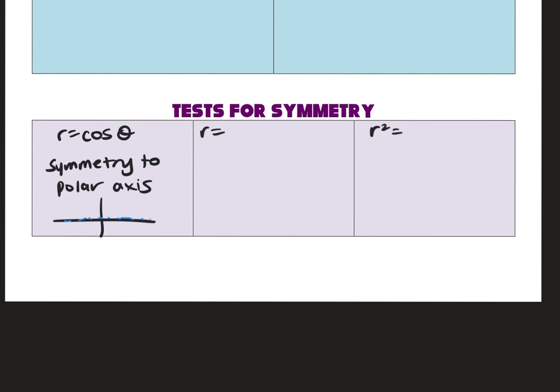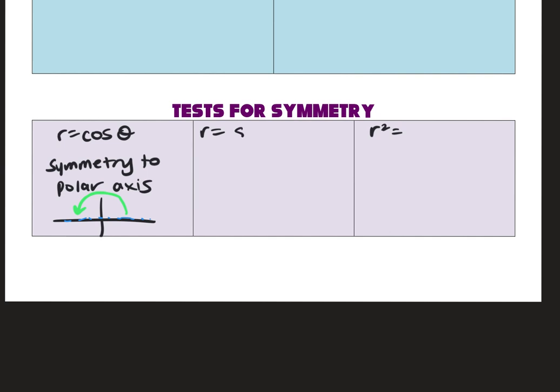So if your graph has symmetry to the polar axis and you need to plug in points, I would plug in points from the first and second quadrant, and then I would literally reflect them down underneath. So knowing your symmetry is going to eliminate half the work for you, and also on your test, it's going to ask you to classify your polar function, give it its name, and then tell the symmetry.